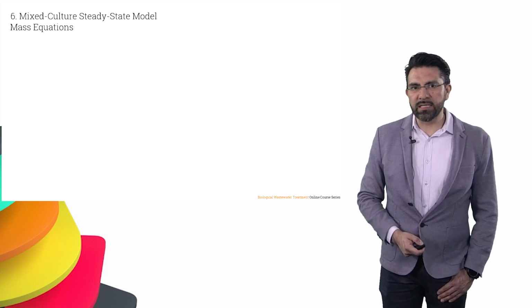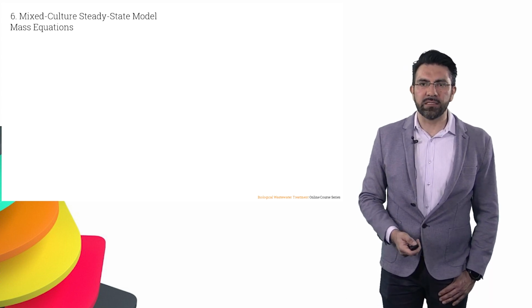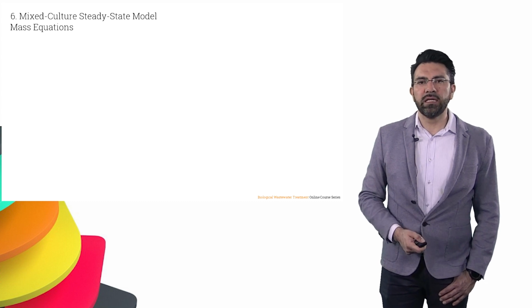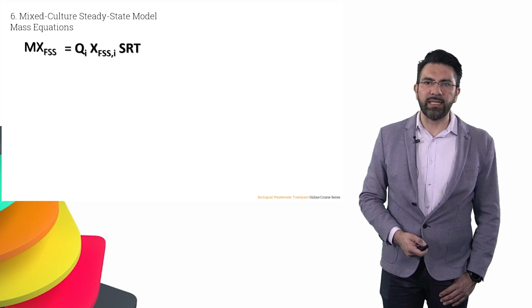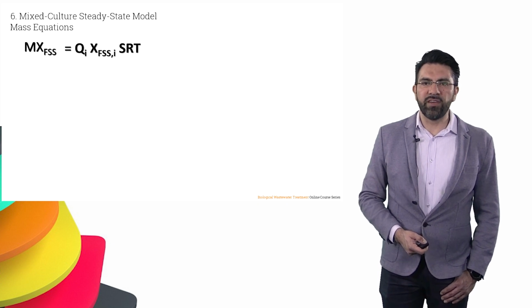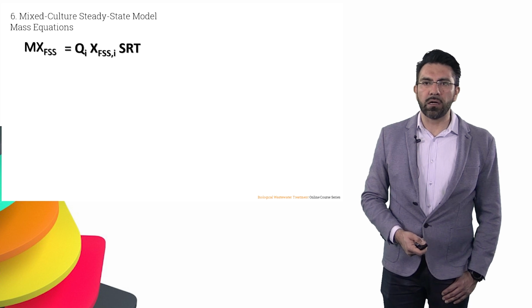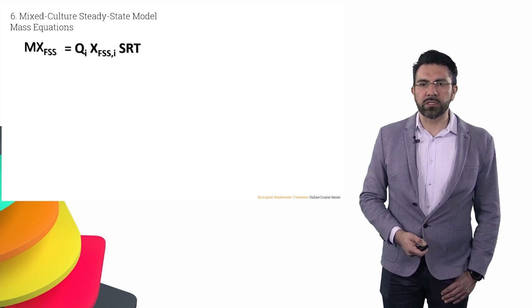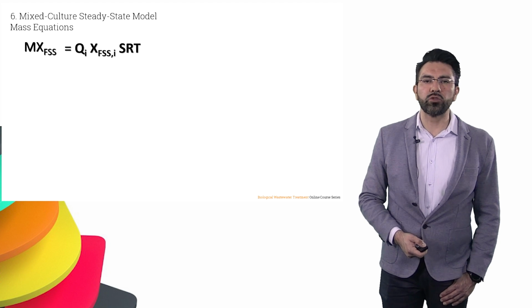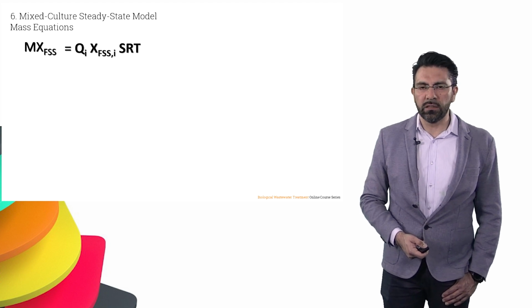So once we have estimated the 5 masses that compose the volatile suspended solids, then we can start to estimate the masses of fixed suspended solids accumulated in the system. These fixed suspended solids that will accumulate are composed of 3 different terms. First, the fixed suspended solids present in the influent that will accumulate proportional to the influent flow rate and the SRT.